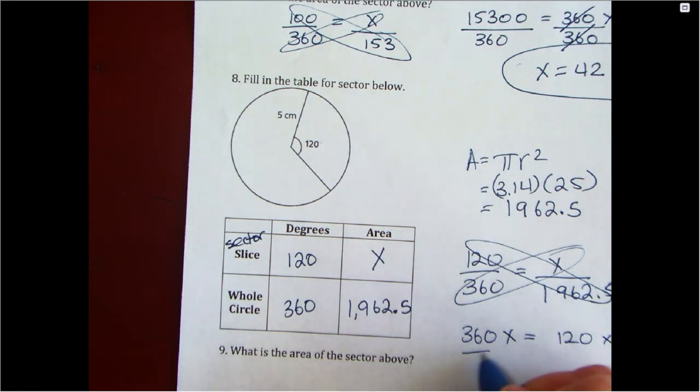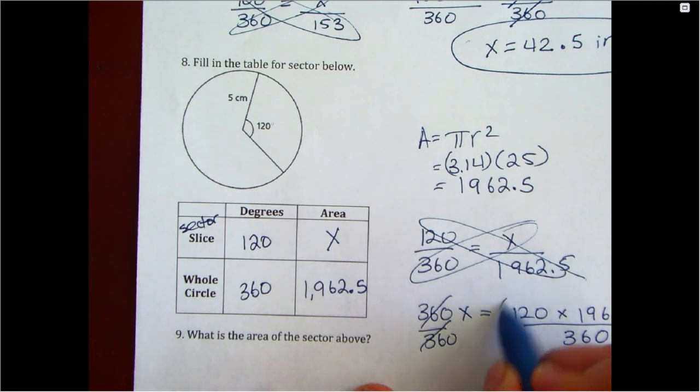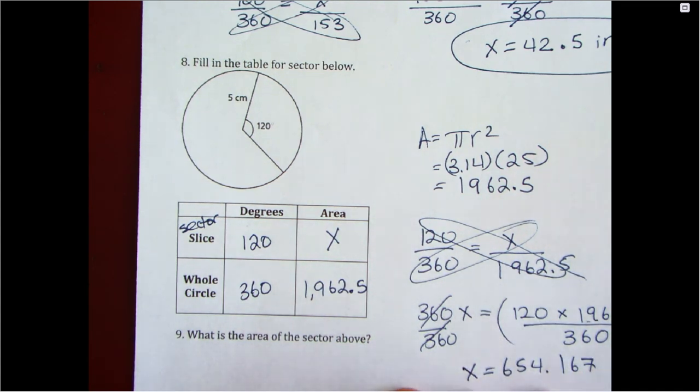We're going to divide by 360. Sorry about that. Cross out the 360, and this is much easier. You just have to use your calculator once. Make sure you do 120 multiplied by 1,962.5 divided by 360, and we get x is equal to 654.167 inches squared.